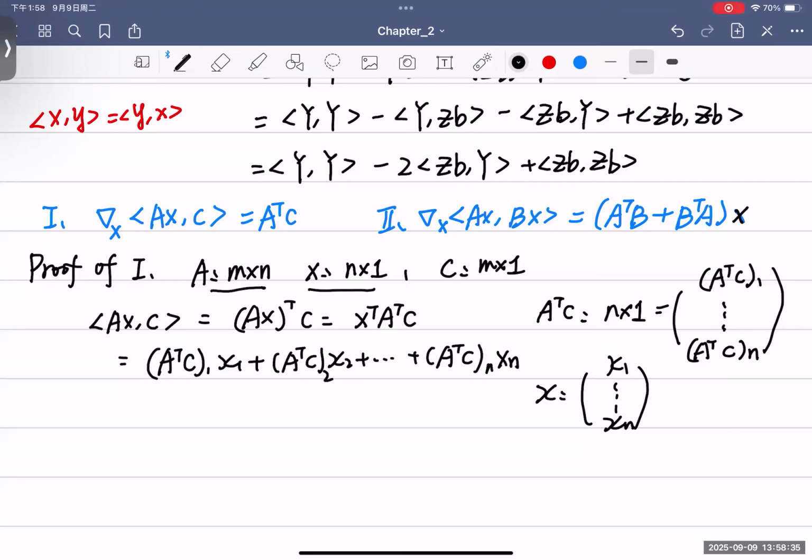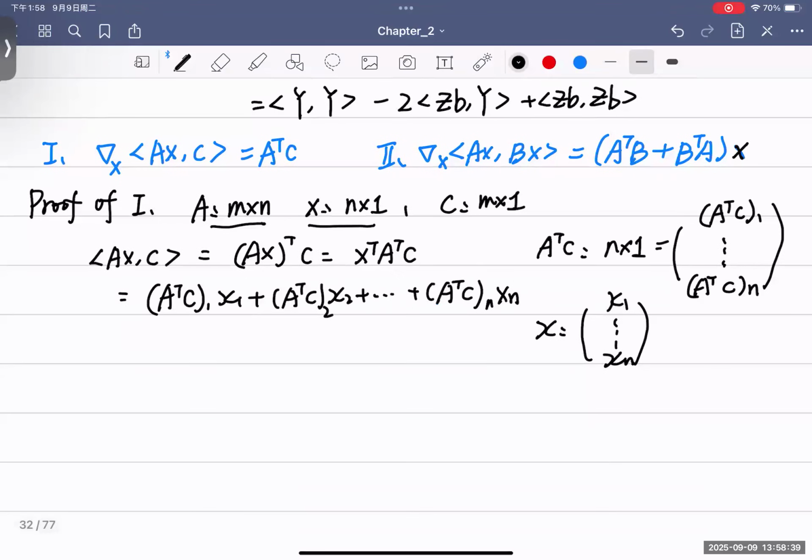So this is our inner product. And we want to take the nabla of this. We are actually trying to do the partial derivative for each.